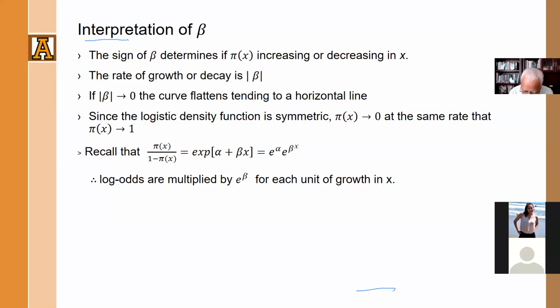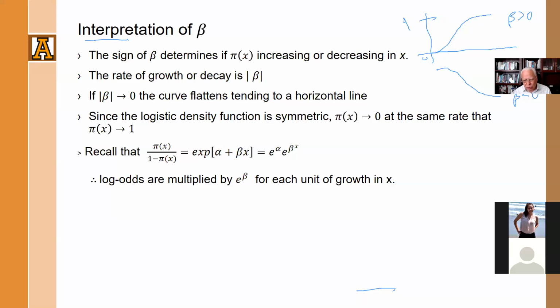So the function would look like this, or like this. Here beta is greater than 0, and here beta is less than 0. The rate of decay is the magnitude, the absolute value of beta, and the function is bounded by 1 and 0. So it tells us whether the probability is decreasing or increasing with x.